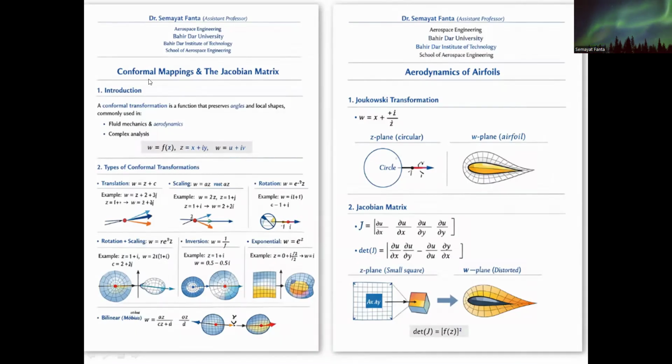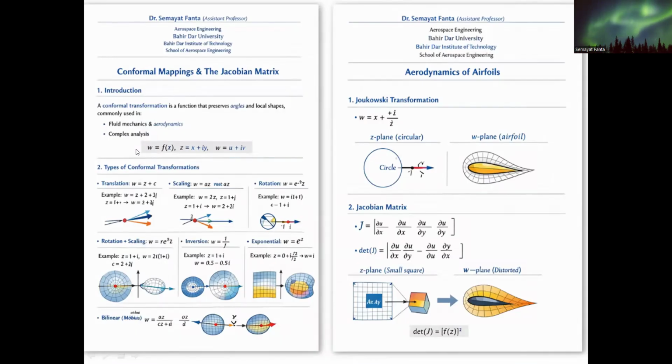We have seen the conformal mapping, we have seen the Jacobian matrix. We have seen the definition of conformal transformation, which is a function that preserves angle and local shape, and is commonly used in fluid mechanics, aerodynamics, and complex analysis.